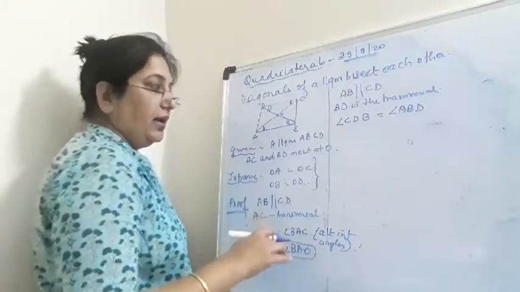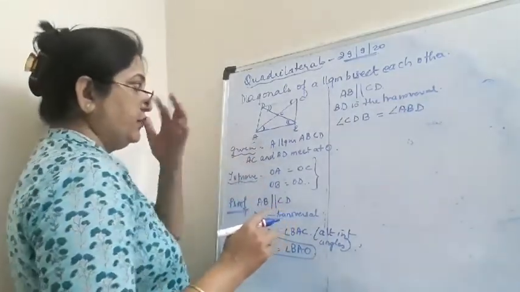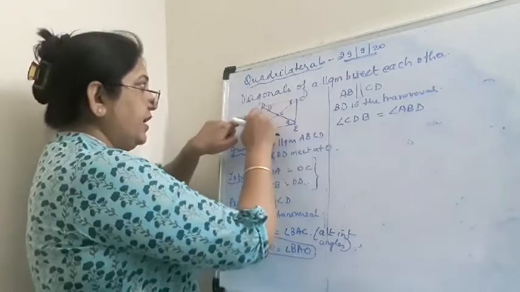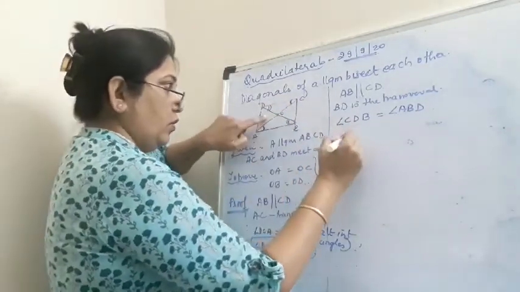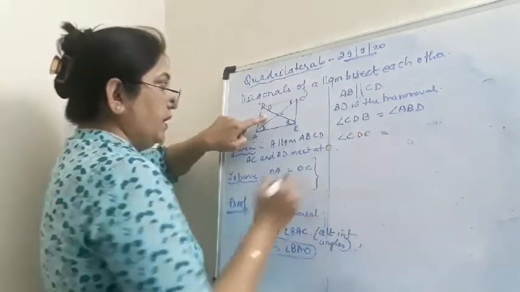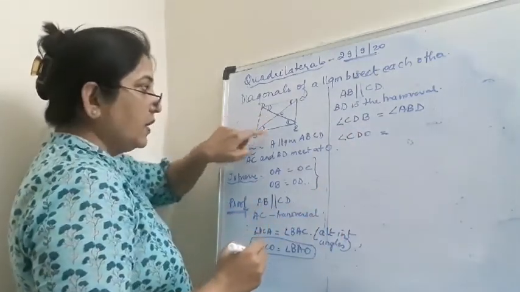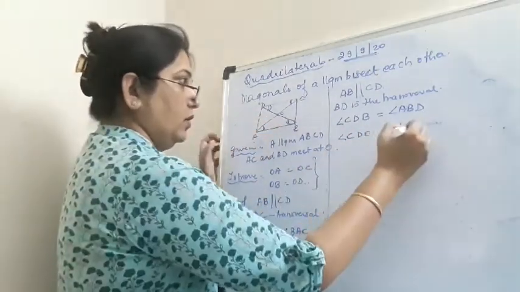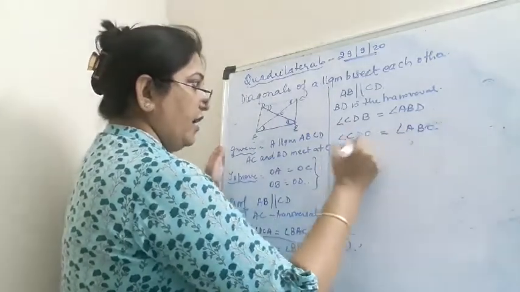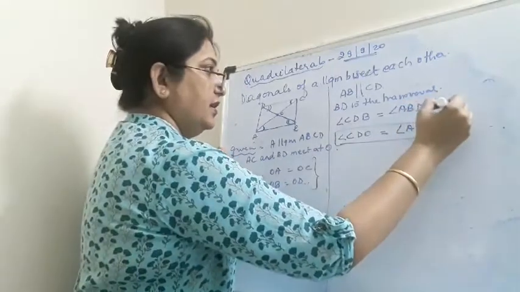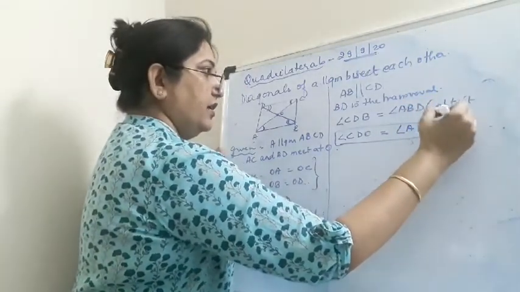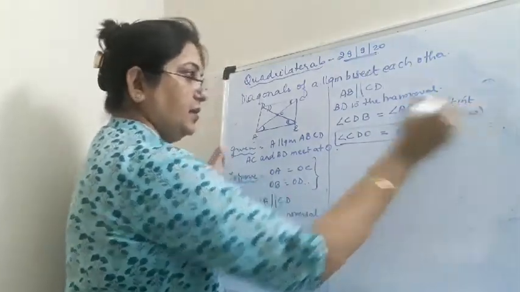I can also change the name: for CDB I can write CDO, so CDO is equal to ABO. Now we have got two angles equal, and these are alternate interior angles, equal as the lines are parallel.